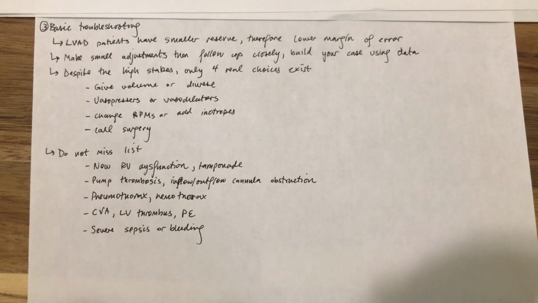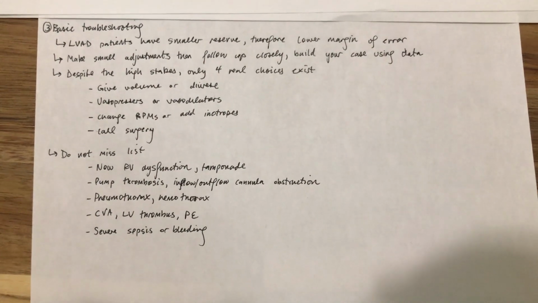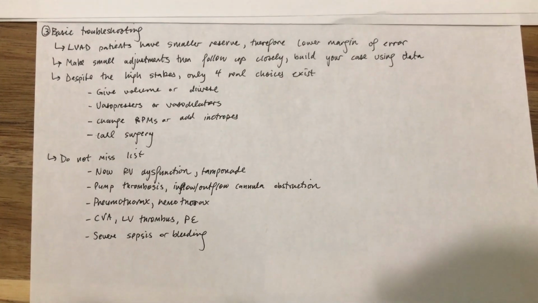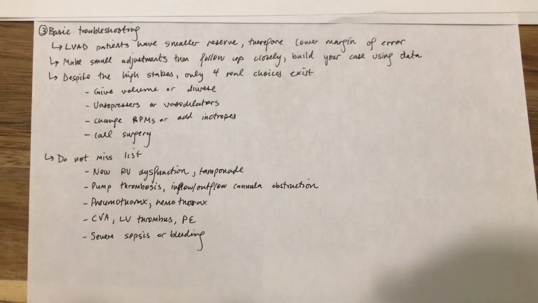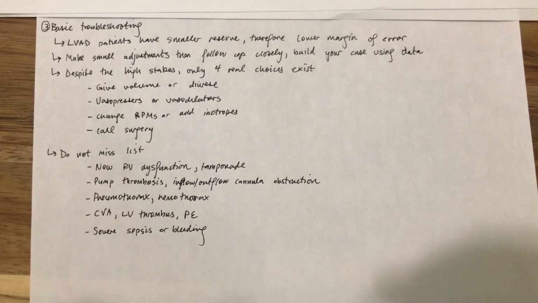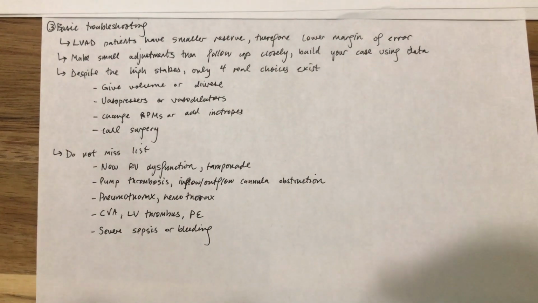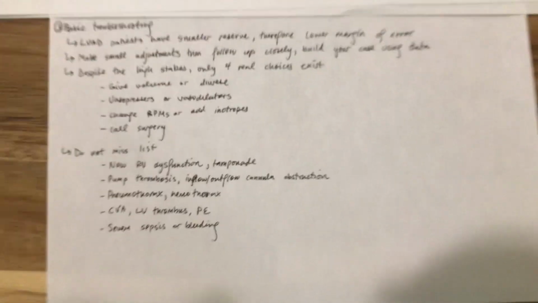You can use these as a checklist as well. What I found is that if you cover this do not miss list of things, the odds of anything really bad happening to you overnight are functionally zero.